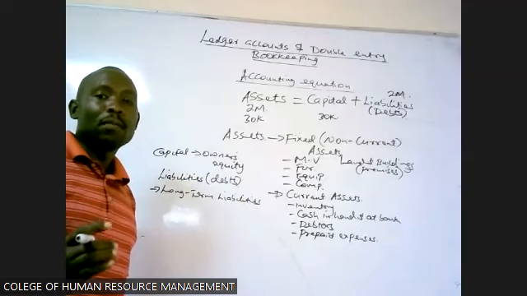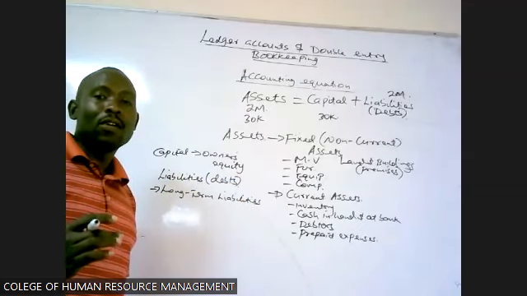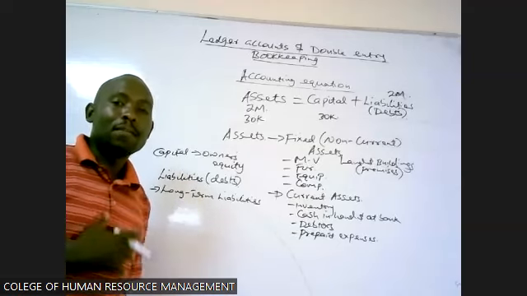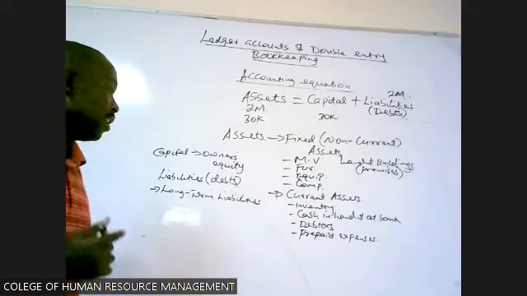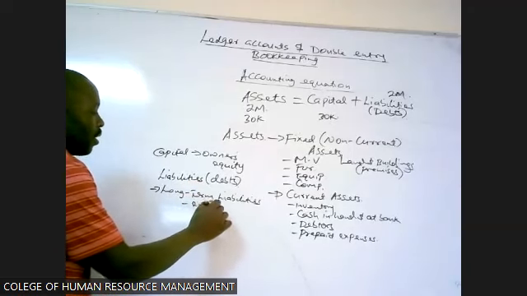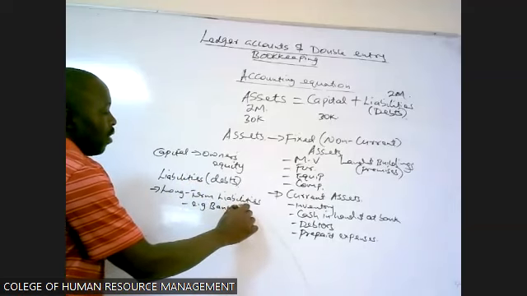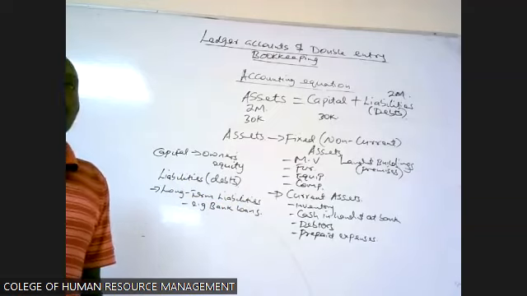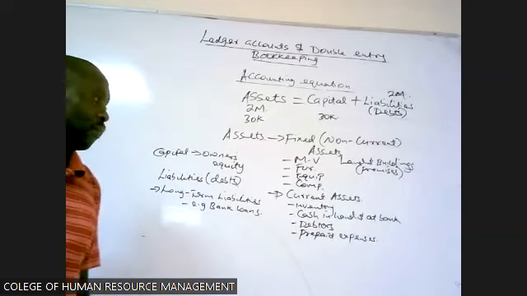So if we borrow something, either money or an asset, and we shall pay for it after a period of more than a year, it is considered a long-term liability. Here we have the bank loan. The long-term bank loan is a long-term liability.